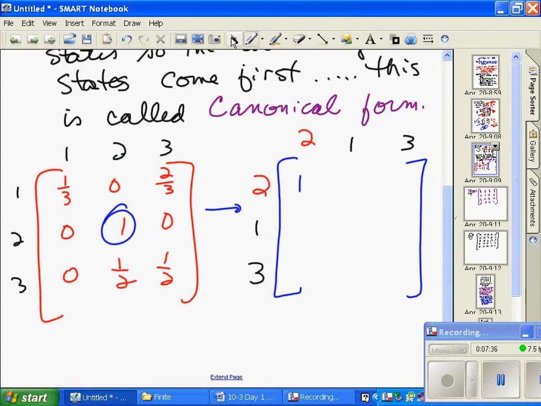That is my 0. So row 2, column 1 goes over here, the 0. Now I'm looking to fill in this space right here, which is row 2, column 3.